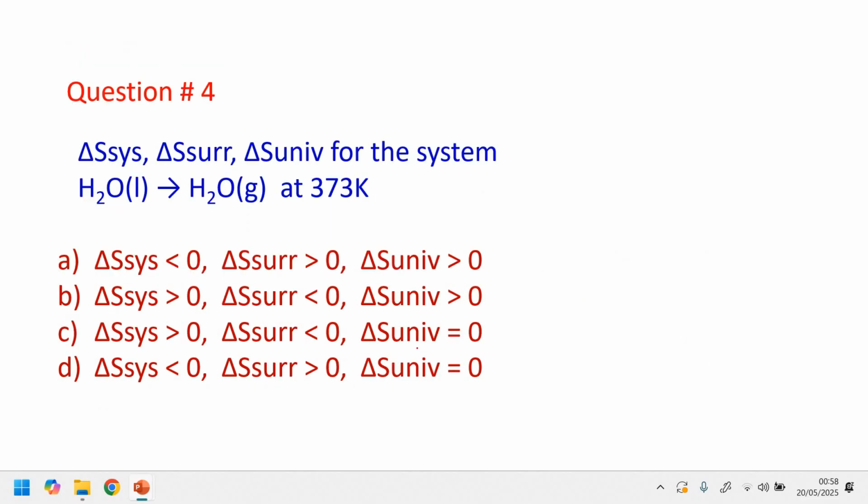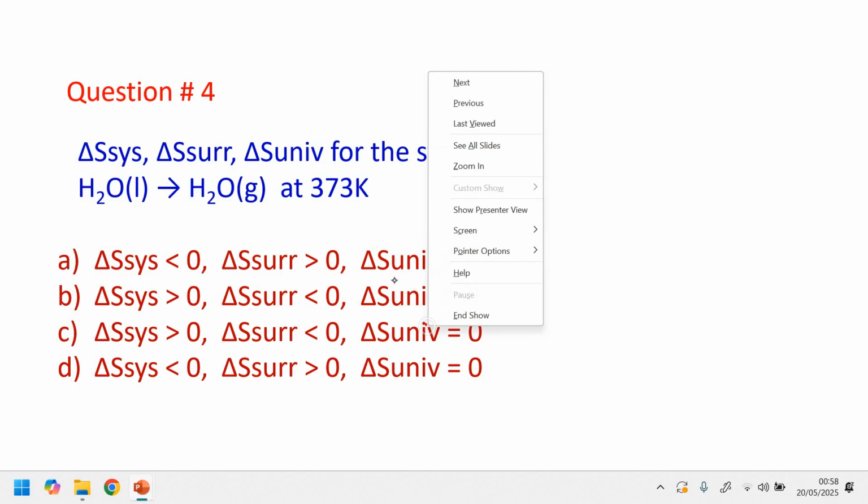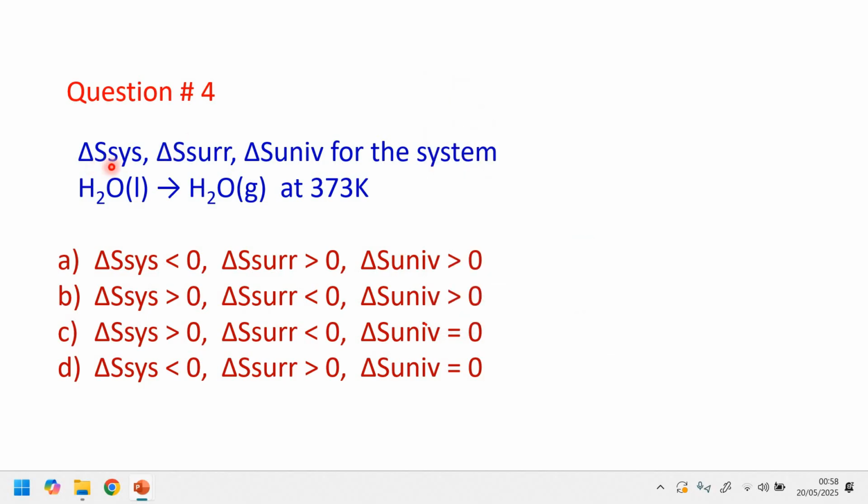Now coming to question number 4. See here. Here, what is the question? Delta S system, delta S surrounding and delta S universe for the system liquid water to gas at 373 Kelvin.